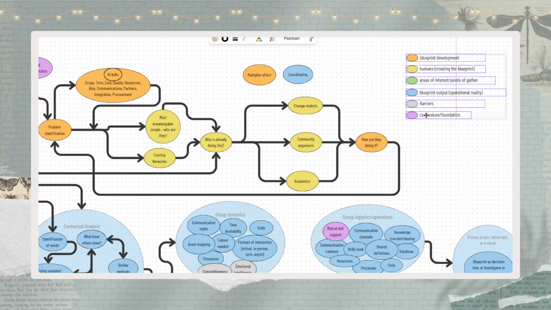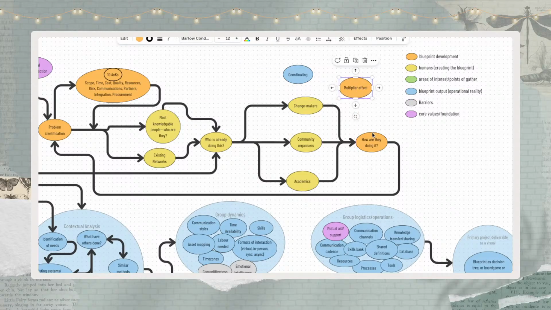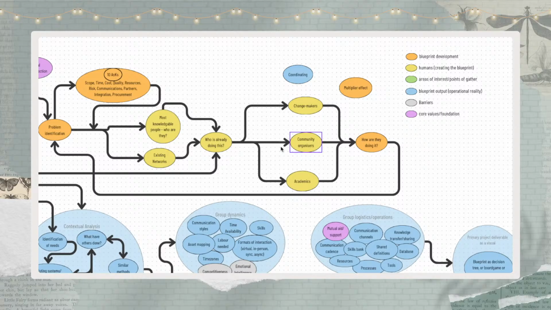I'm seeing multiplier effect as perhaps part of how they are doing it. Thinking about this yellow category, we're going to find not only different organizers, different people who are doing this work in their context.